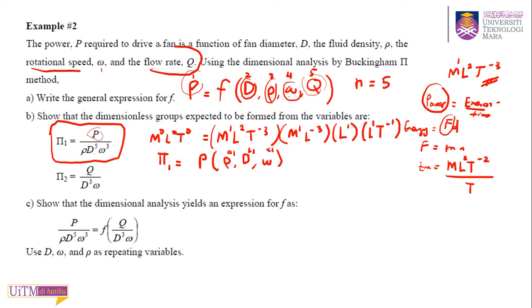So what is the primary dimension for flow rate? Anyone? Flow rate. What is the primary dimension for flow rate? What is flow rate? I can't hear. VA.